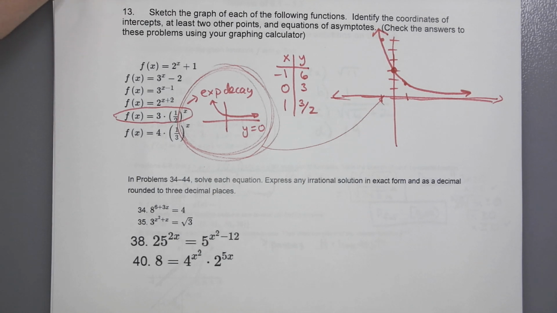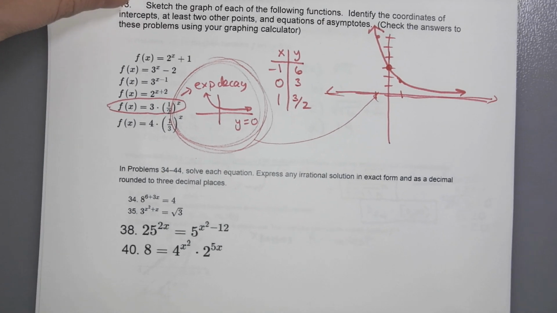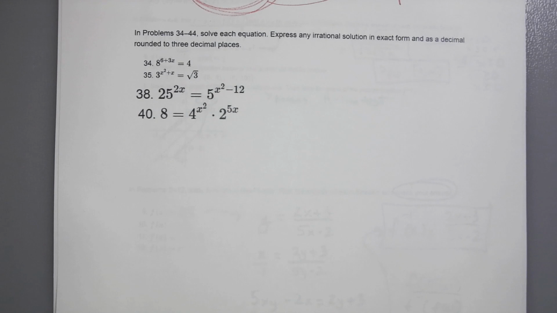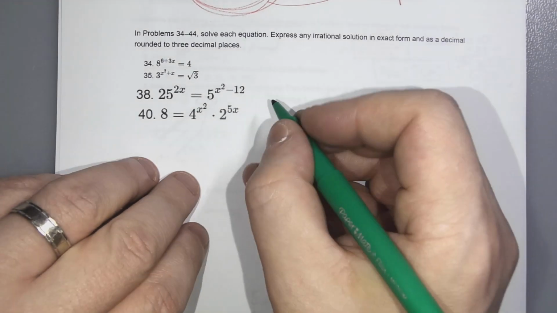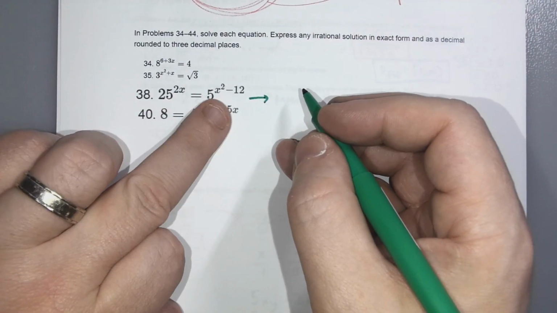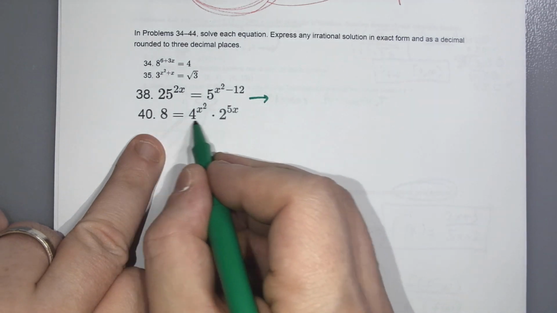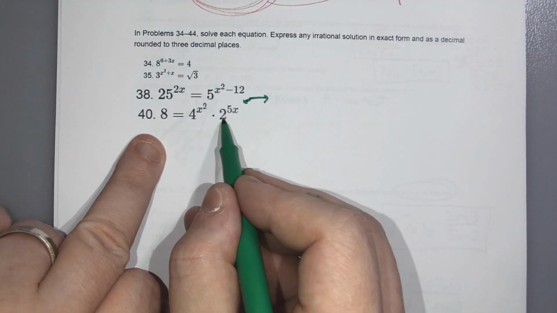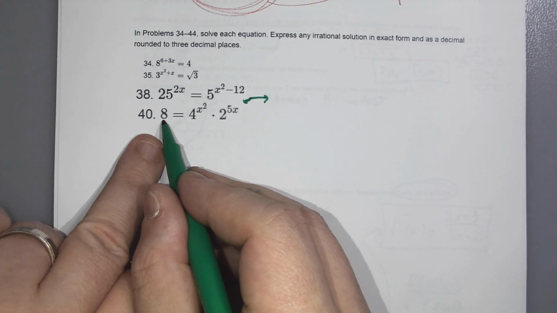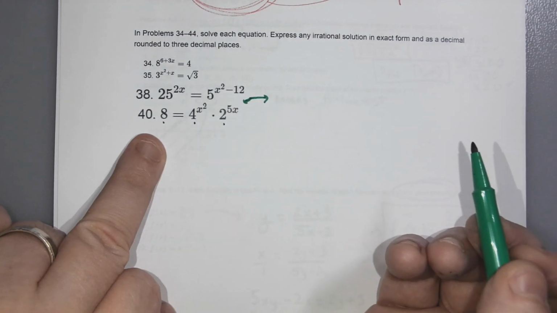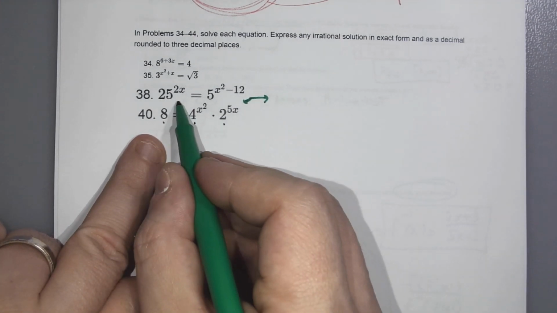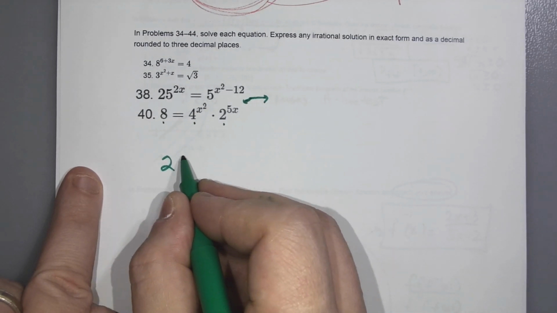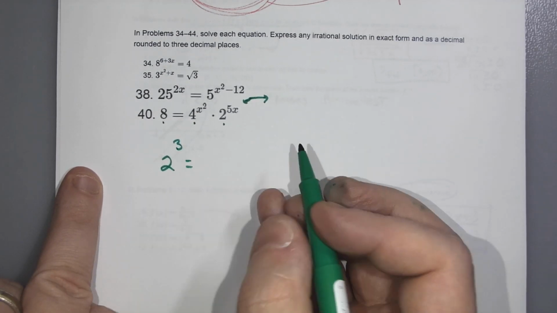And then for our last example in this video, let's do 38. So 25 and 5. Oh no, let's do 40. 40 is more challenging, because over here we have two things being multiplied. So the least common base of 8 and 4 and 2 is going to be 2. So what is 8? 2 cubed.